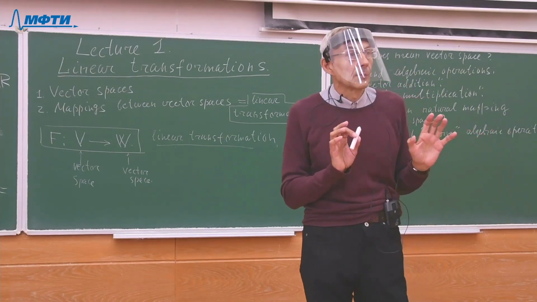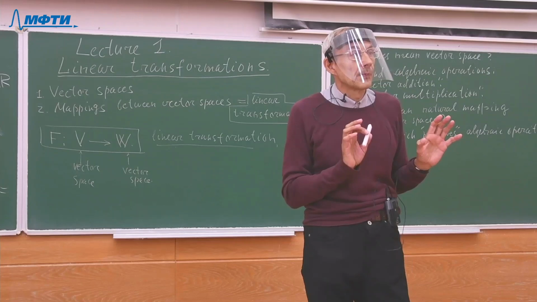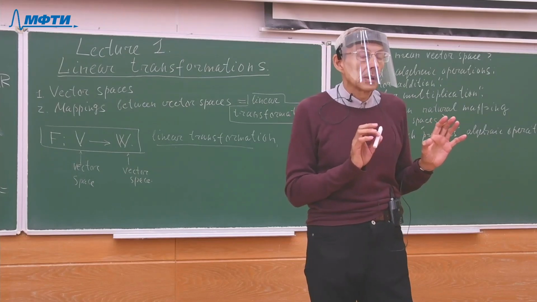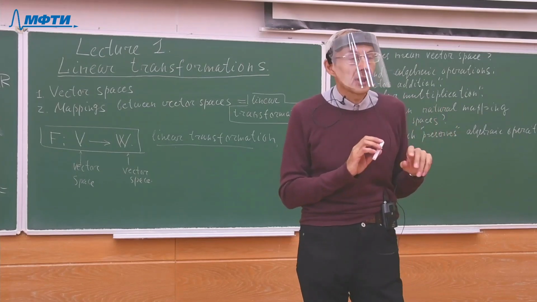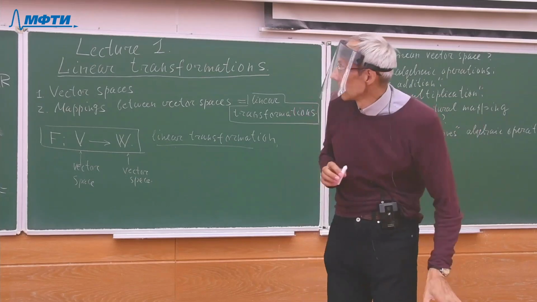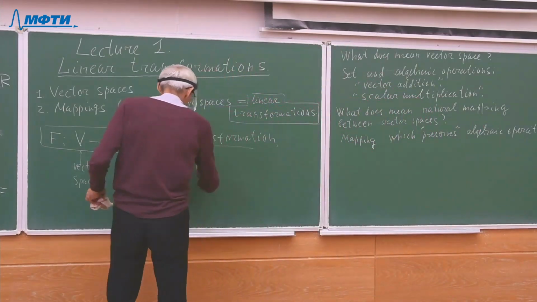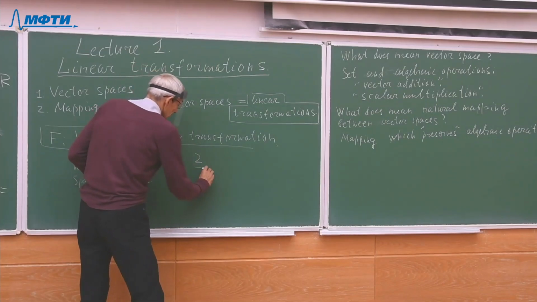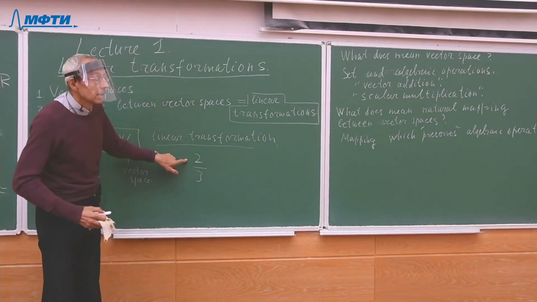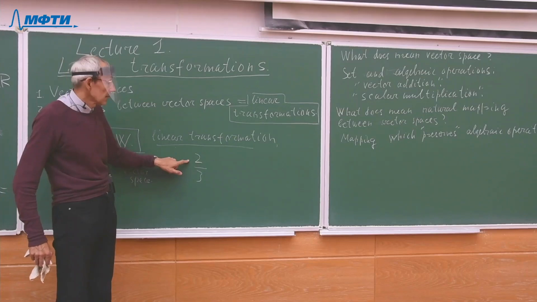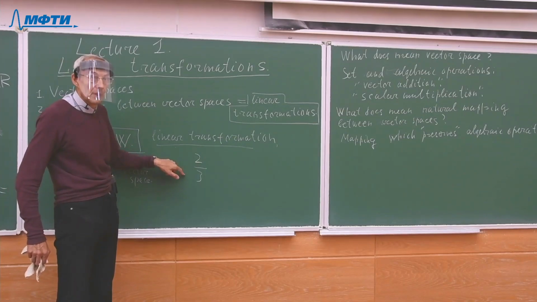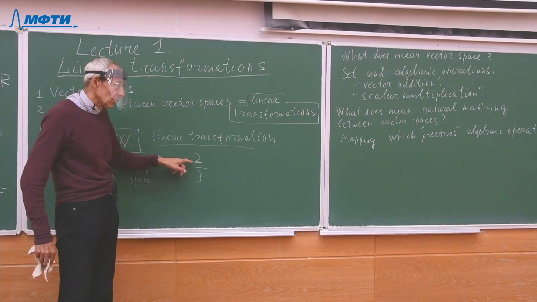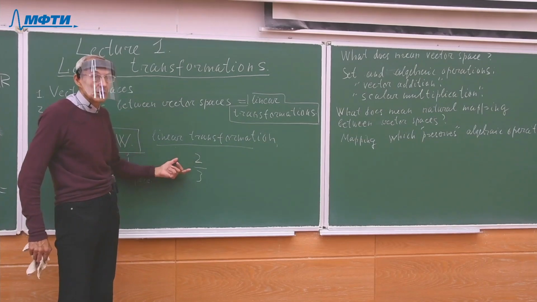So instead of real numbers, I can use, for example, integers? No, integers are not a field. Why? If we have two integers, for example 2 and 3, and we take their ratio, this is not an integer, it is a rational number.